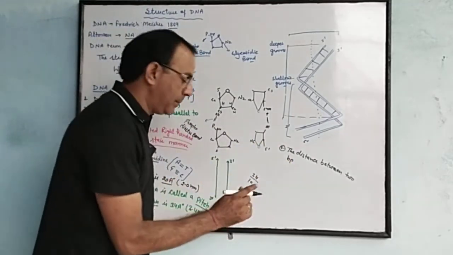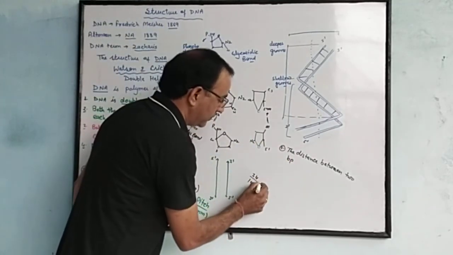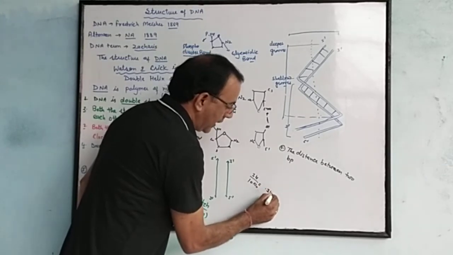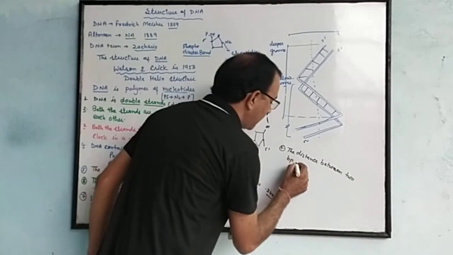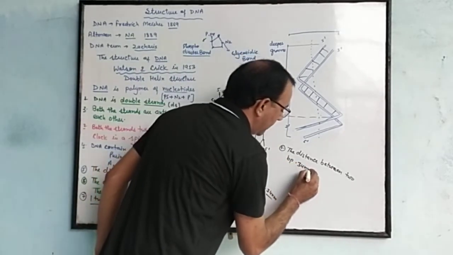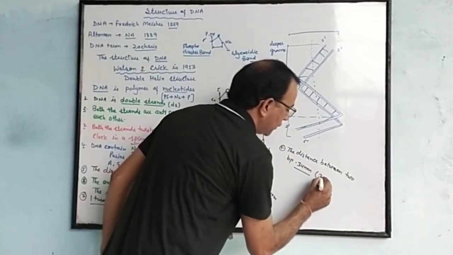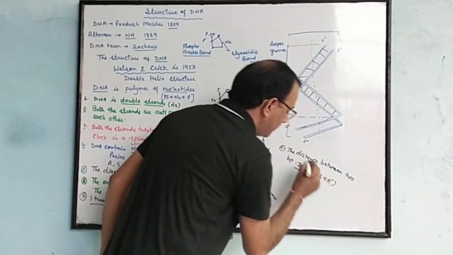One turn contains 10 base pairs, so we divide by 10. So 0.34 nanometer. The distance between two base pairs is 0.34 nanometer, or we can also write it as 3.4 angstrom.